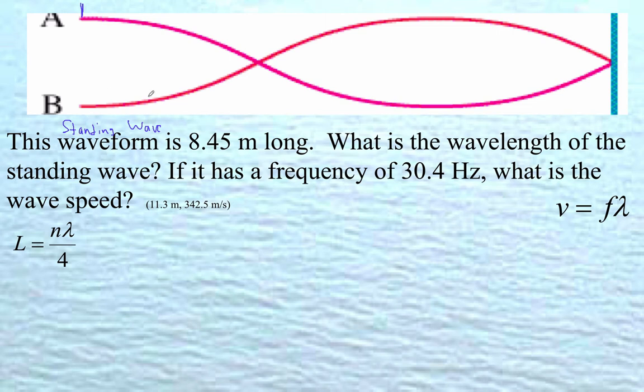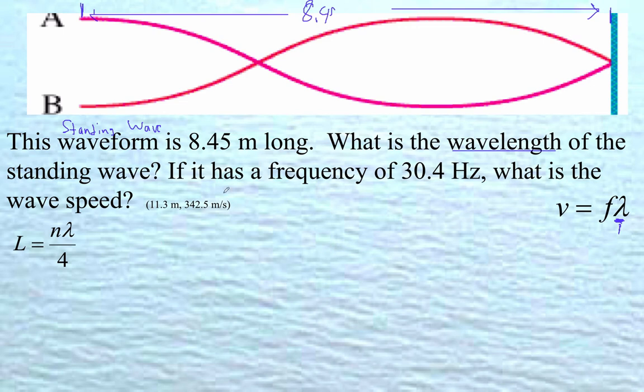So when we say waveform, it's the length of the standing wave. When we say 8.45, it's like this distance here. And when we say wavelength, that's the lambda in this formula right here. If you had 2 footballs of it, how long would it be? That's what the wavelength is.